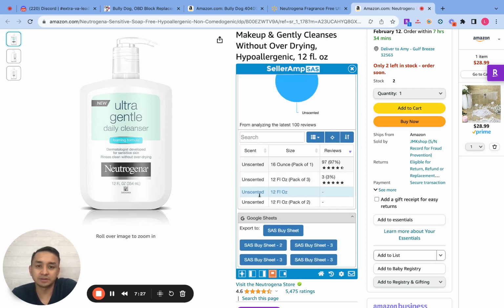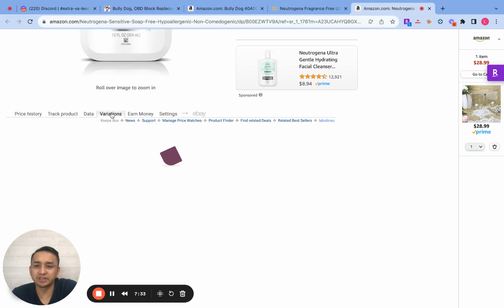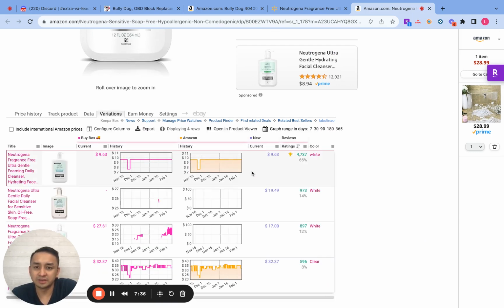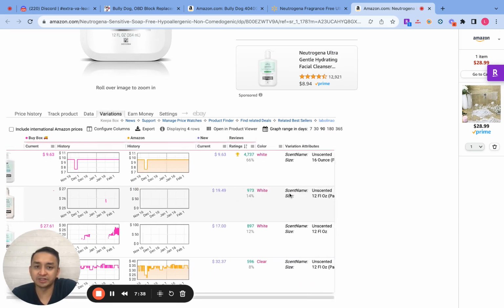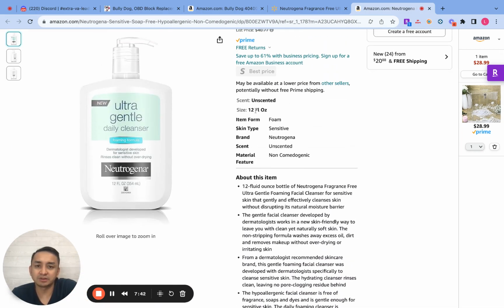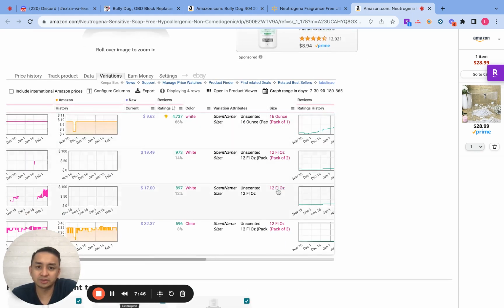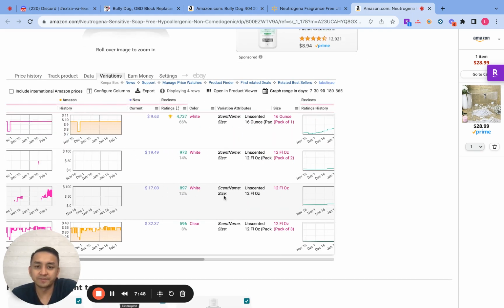So this one is not really clear. So I would go to Keepa. Go to variations. And then I would pick the exact variation right here, which is the 12 fluid ounce unscented.